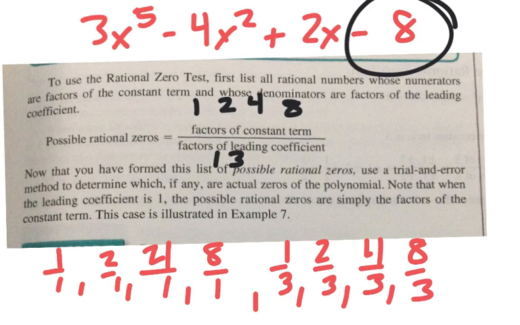I'm just listing out all possibilities, the factors of the constant term in the numerator, the factors of the leading coefficient in the denominator. So I wrote all of these over 1, then I wrote all of these over 3. These are the things we want to try in our box.